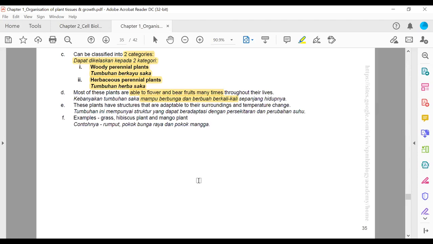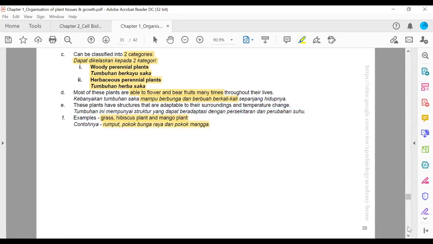When they shed their leaves, the rate of transpiration becomes lower, so not much water they will lose. So they can still conserve the water. This is an example of the adaptation that they have. All right. Examples: grass, hibiscus plant and mango plant.